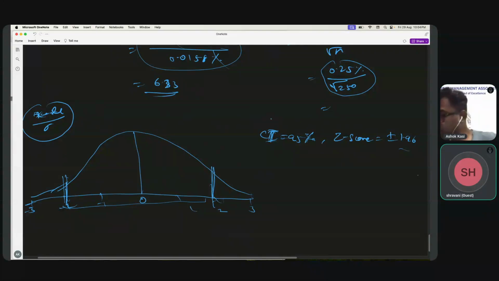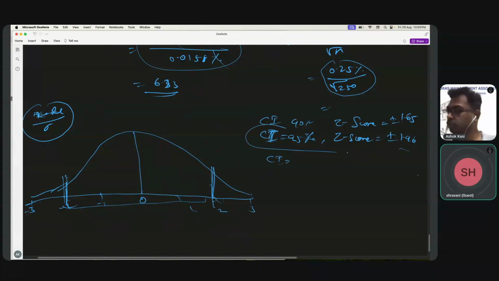If it is a 90% confidence interval, then the z-score that we should use is plus or minus 1.65. You don't have to remember this; you remember only 95%. If it is anything else, they will give it in the question.